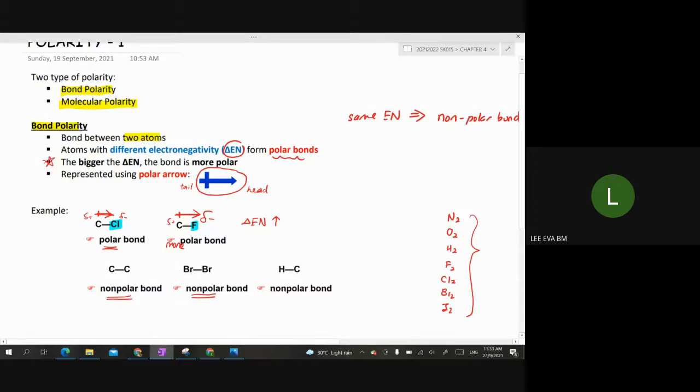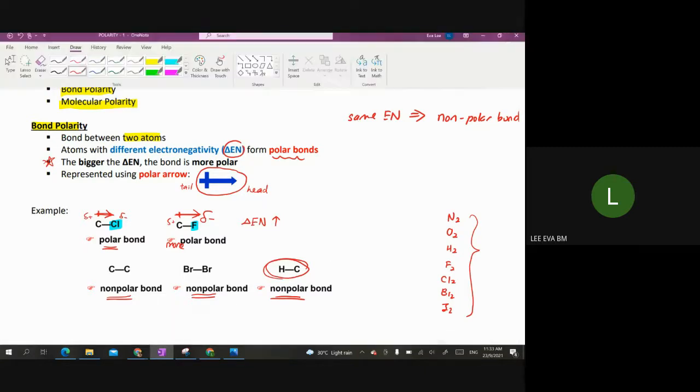Okay. Lepas tu untuk carbon dengan hydrogen, bila awak nampak dalam molekul itu hanya carbon dengan hydrogen, because the difference in electronegativity is very, very small. Therefore, we will consider the bond polarity between carbon and hydrogen also non-polar. So yang ini awak kena highlightkan.